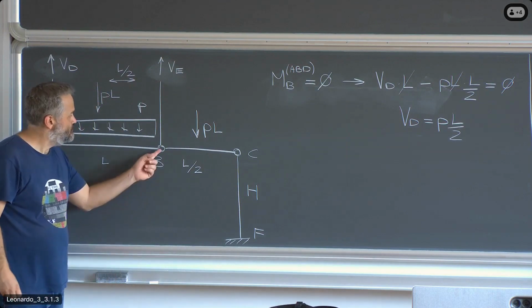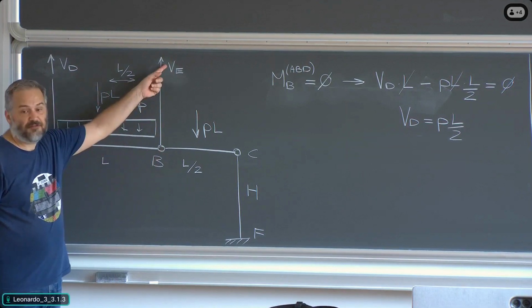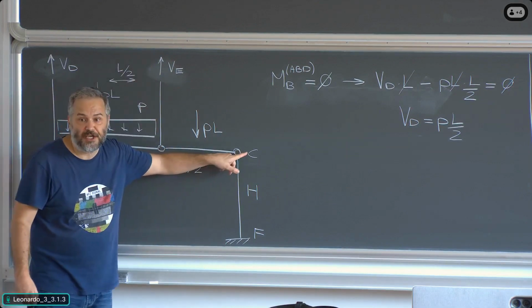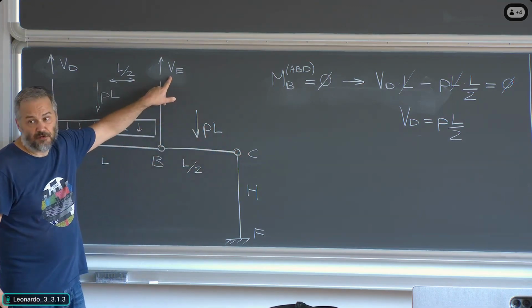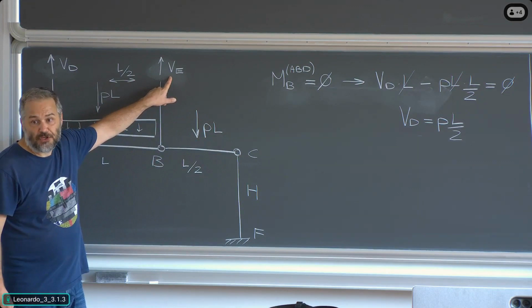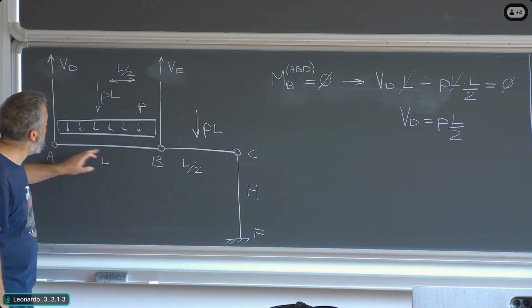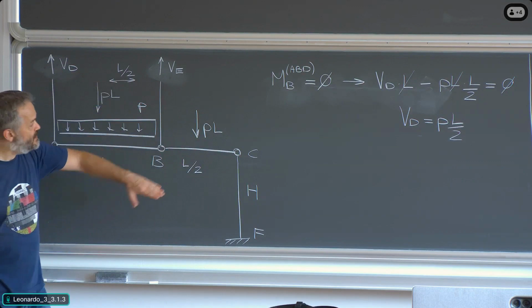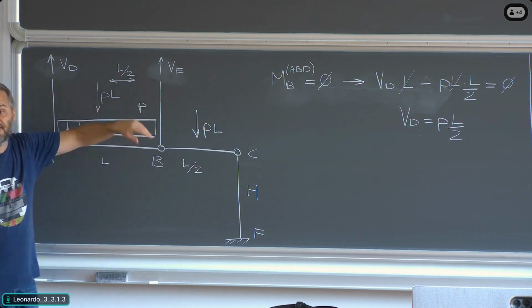Again, if we write another equilibrium equation here, the line of action of V passes through this point, so we will get nothing. But we have another hinge here, which can be conveniently used to work out this reaction force. So the second equation I'm going to write is the moment with respect to C of A, B, C, D, E equals 0. Because if you look at this portion of the structure, you immediately realize that the only thing unknown is this reaction force. Everything else is known.